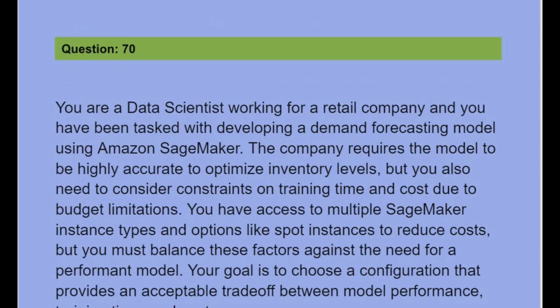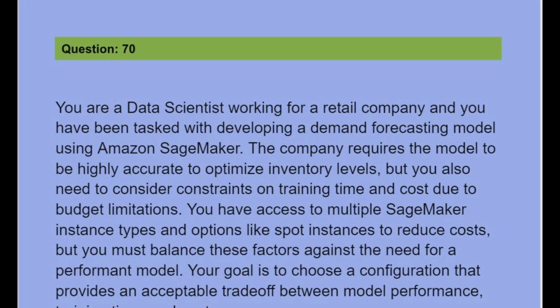Question is, you are a data scientist working for a retail company and you have been tasked with developing a demand forecasting model using Amazon SageMaker. The company requires the model to be highly accurate to optimize inventory levels, but you also need to consider constraints on training time and cost due to budget limitations.